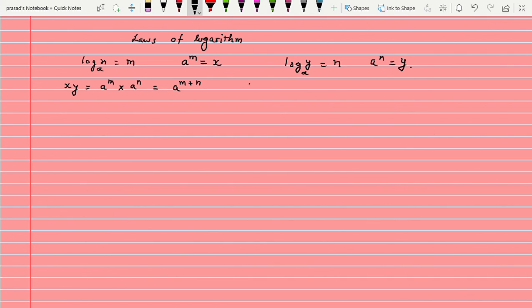So I will get the index m plus n, that is equal to log x into y to base a. So that will mean log xy to base a is equal to, what is m? Log of x to base a plus n is log y to base a. And this is the first law of logarithm.